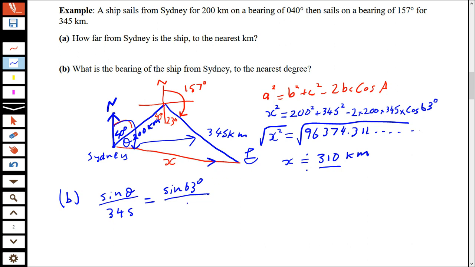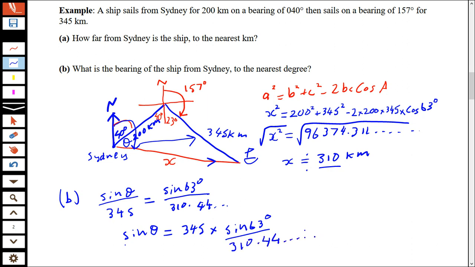So it's 310.44, and it keeps going, on the bottom. Now, if I multiply both sides by 345, I'm going to get sine theta equals 345 multiplied by sine 63 degrees divided by 310.44.